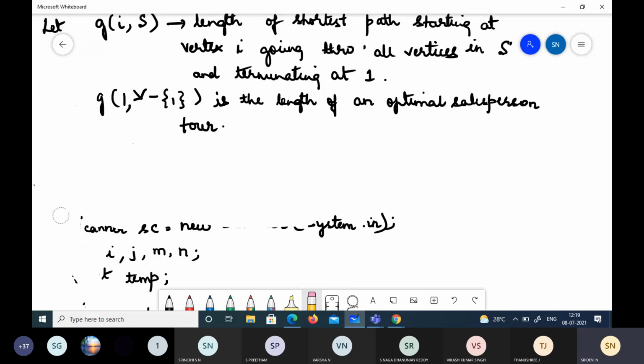So let's write down the recurrence relation now.